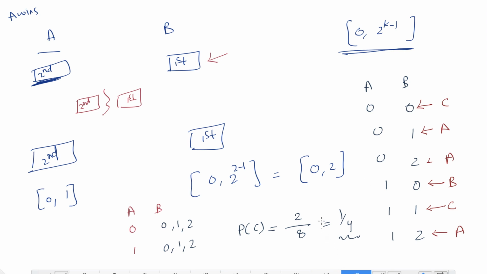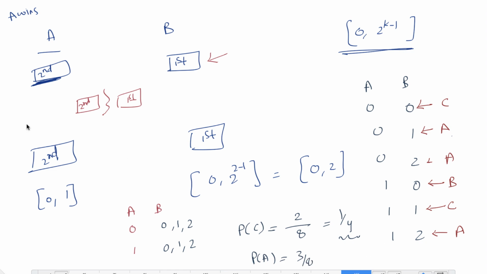Now if you ask me who is winning, which means who is sending the packet first, the probability of A winning is more because A is winning 3 times and B is only winning 1 time. So the probability of A winning is 3 by 8. Sorry, these are the 6 scenarios, right?